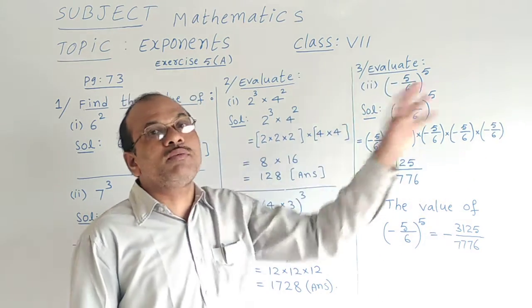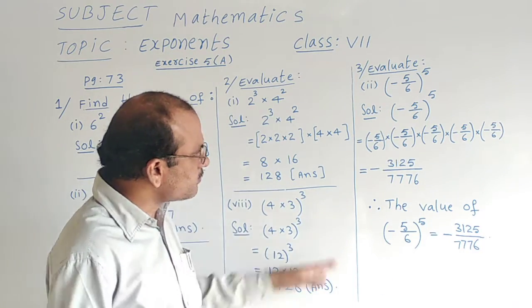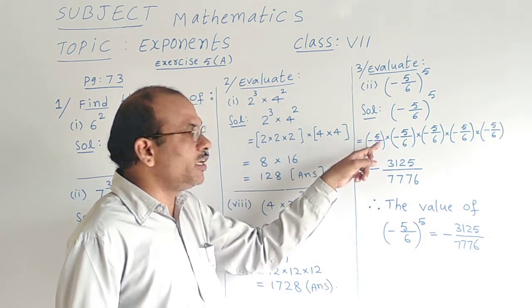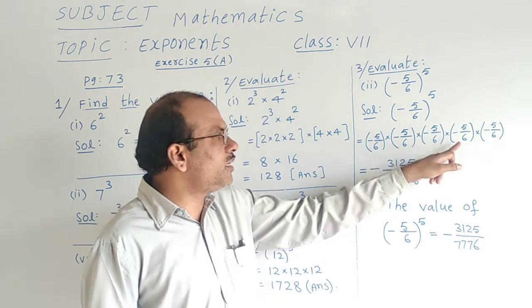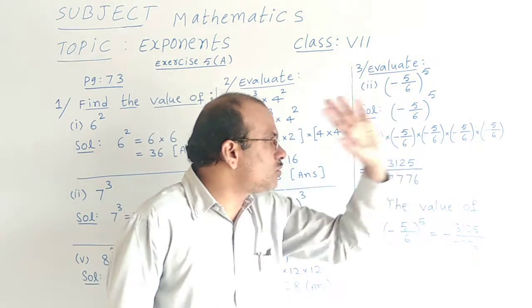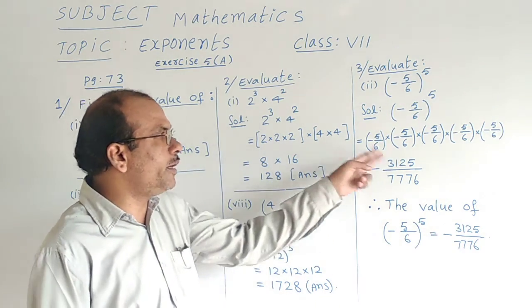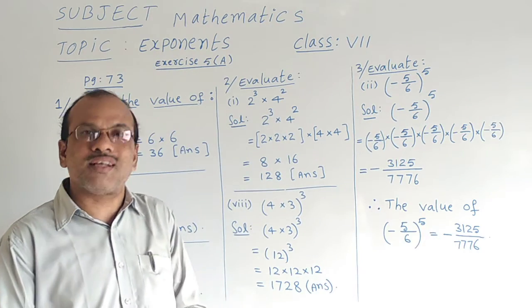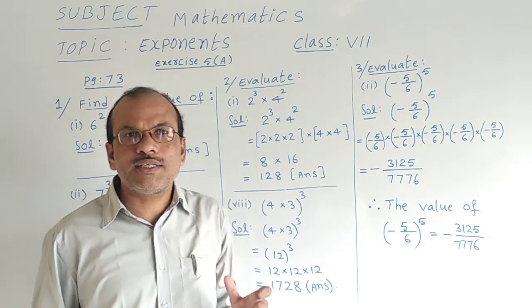That means 5 times we should multiply the base itself. Minus 5 by 6 into minus 5 by 6 into minus 5 by 6 into minus 5 by 6 into minus 5 by 6. Totally 5 times I multiplied the base, because the power always tells us how many times we have to multiply the base. Am I correct, students?